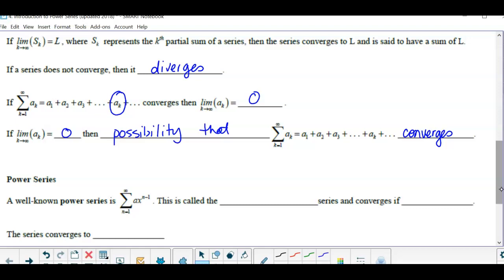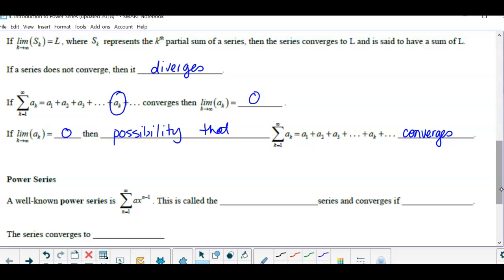And you can kind of think about it. Like I mentioned yesterday when we were doing the integral of 1 over x dx, the area did not converge. So if this was some kind of series where we had 1 over x, yes, the last term goes to 0, but the whole series won't.